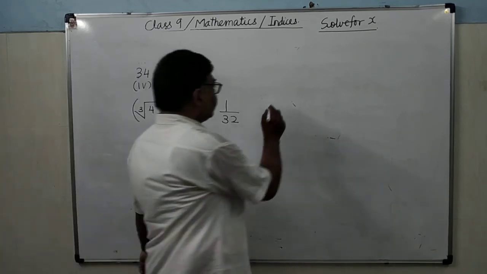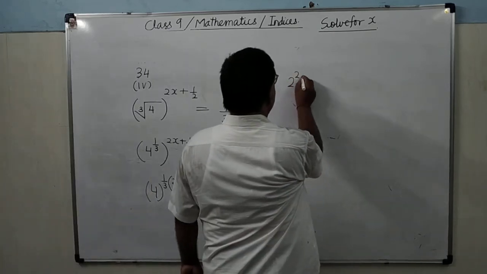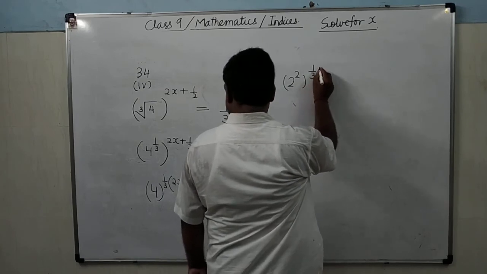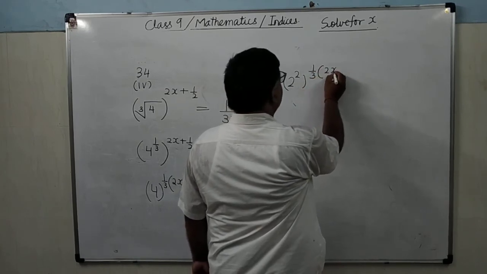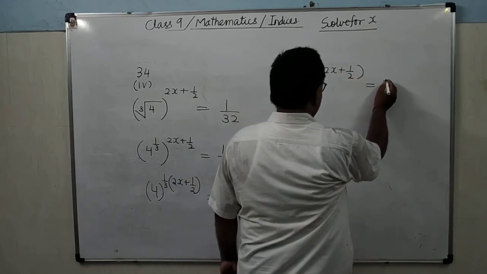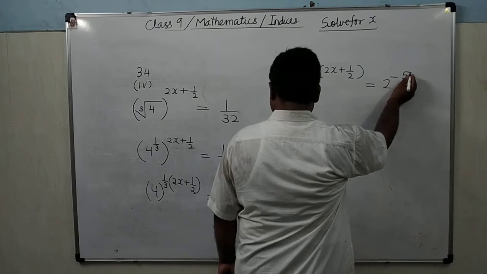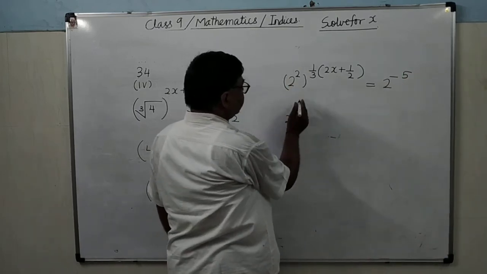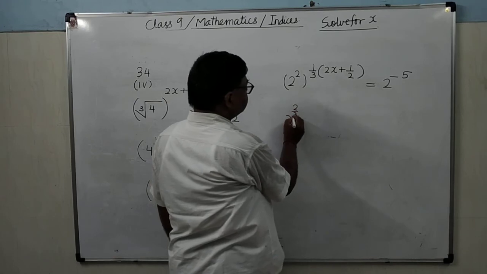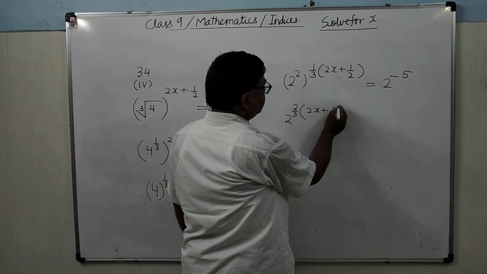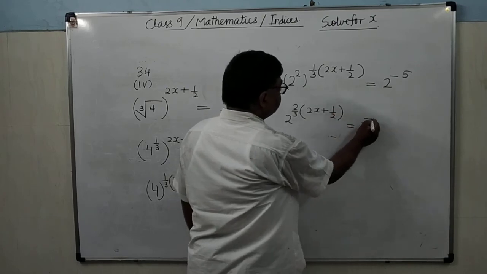So 4 you can write as 2 squared, whole to the power 1 by 3 into 2x plus 1 by 2 equals 2 to the power minus 5. Now powers will multiply, plus 1 by 2 equals 2 to the power minus 5.